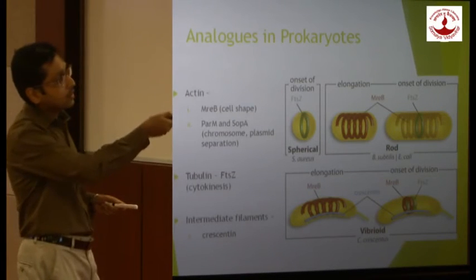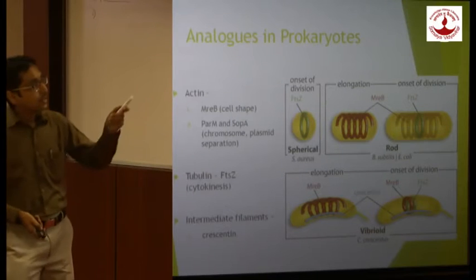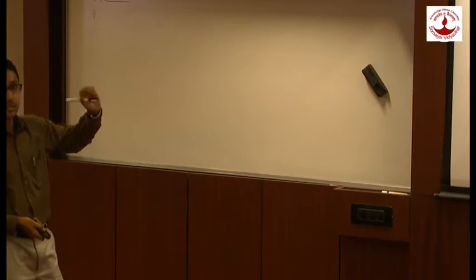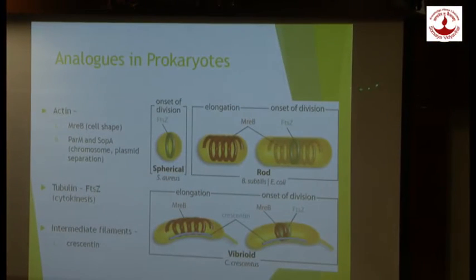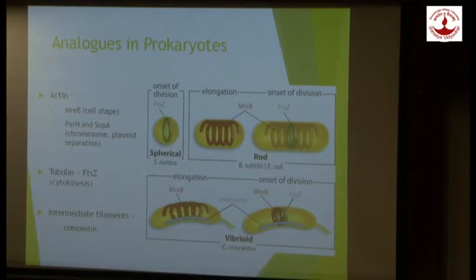The interesting part in this slide is you can see actin's analog, MreB, is responsible for the maintenance of the cell shape, as you can see in the diagram where this is a Vibrio, a comma-shaped bacterium. You see the MreB forms a spring-like structure which holds the whole cell together.